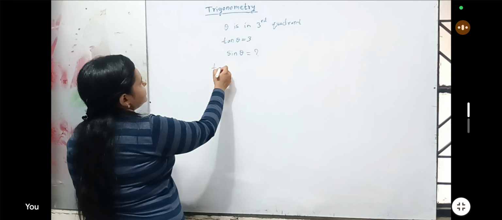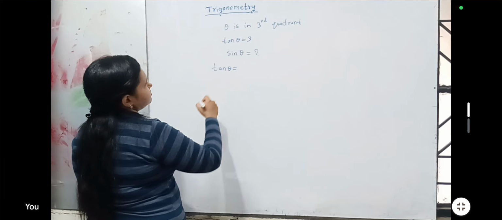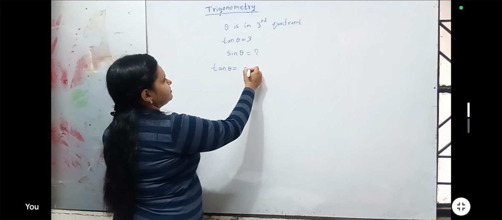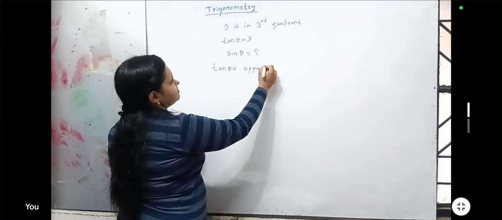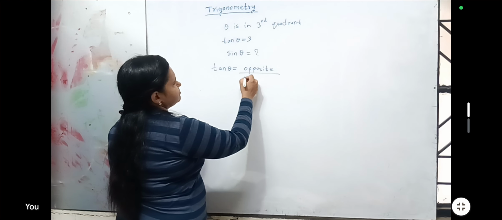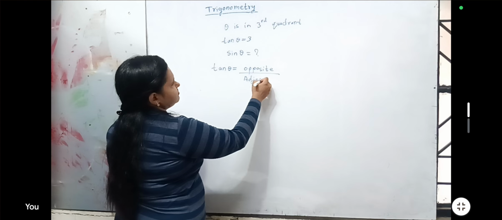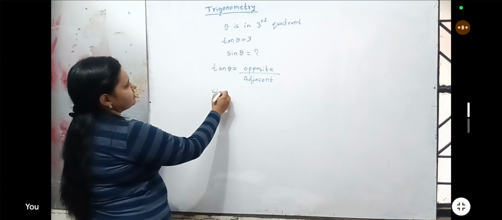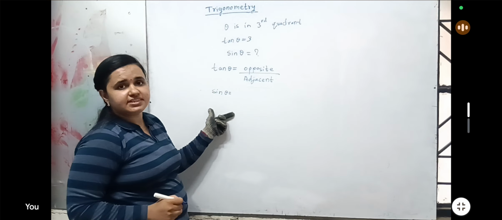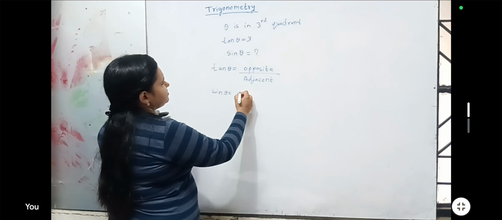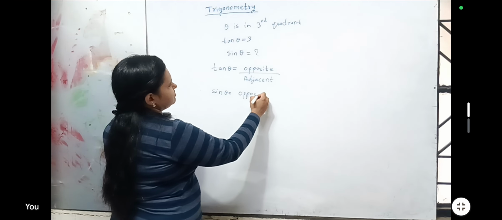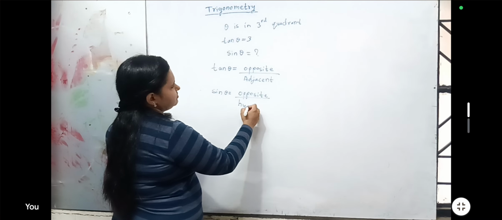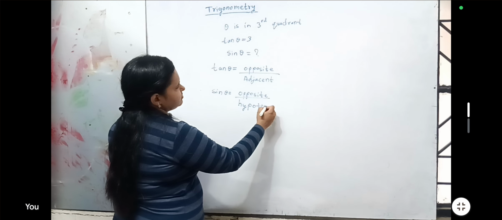Now what is tan theta? The ratio of tan theta is opposite upon adjacent. And what is sin theta? It is opposite upon hypotenuse.